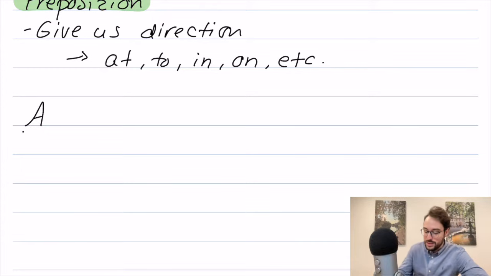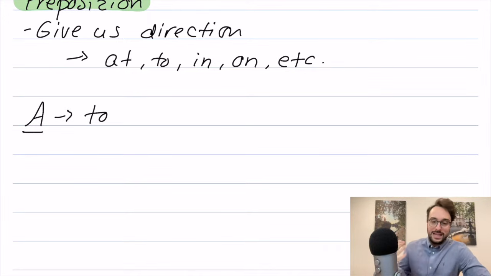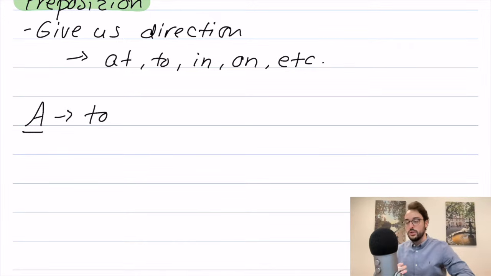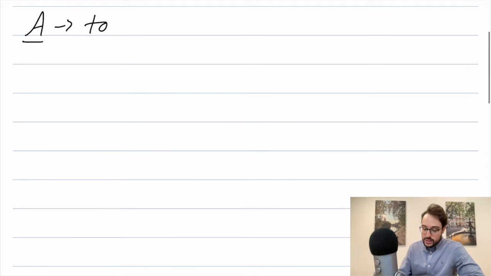We're first going to begin with a. A, generally speaking, is used for to. However, it depends on the context. Usually what you have to do is just memorize what verb then gets followed by a afterwards. Usually, andare uses a after it.